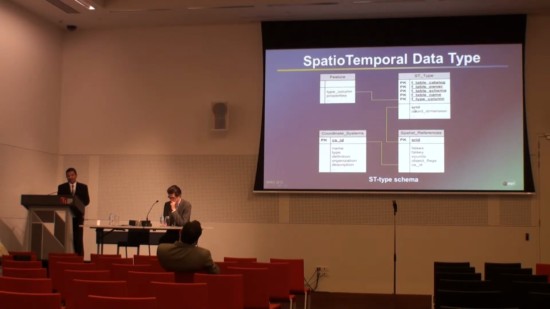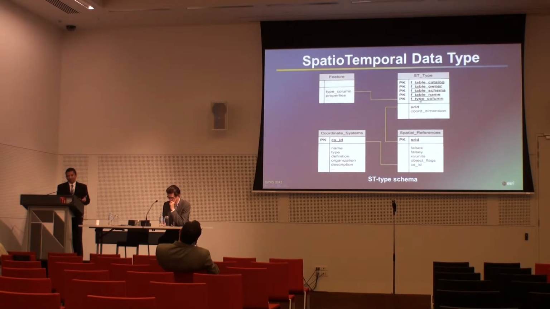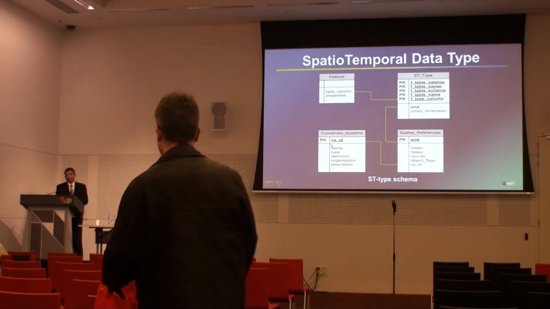For example, it has an SRID, a column name, a table name, an owner, and the schema in the database where you are storing this information. And here you have information about the attributes of the SRID.